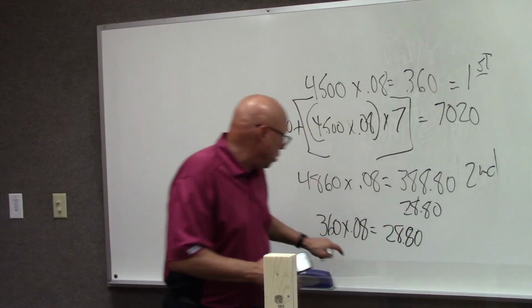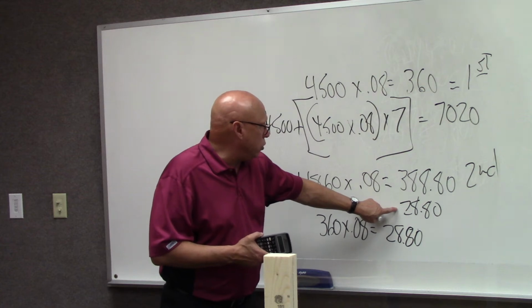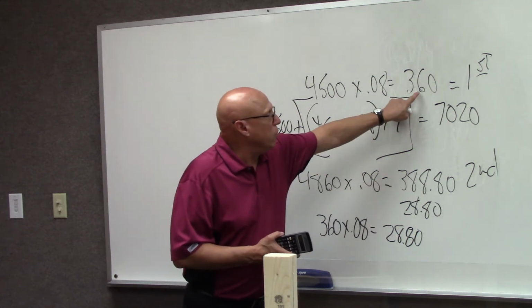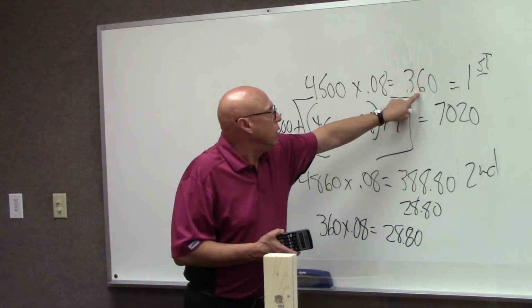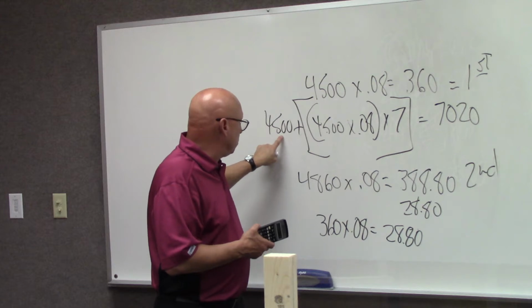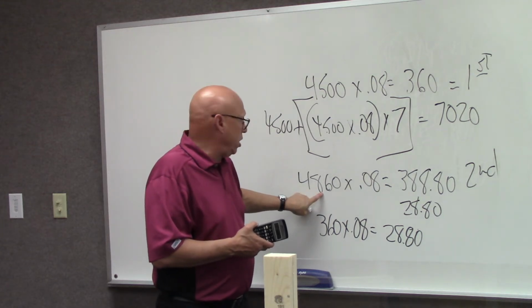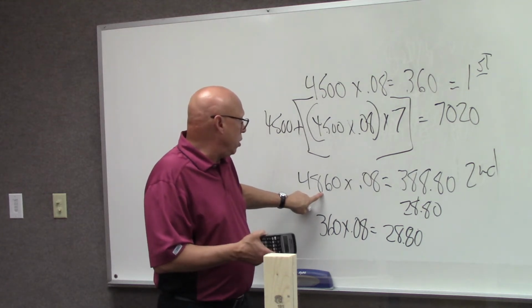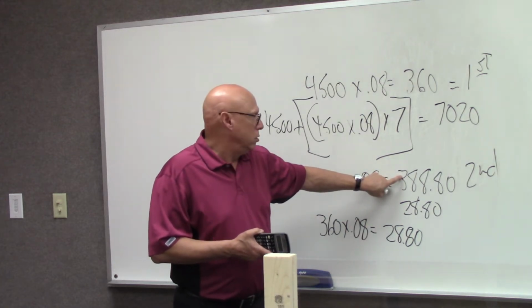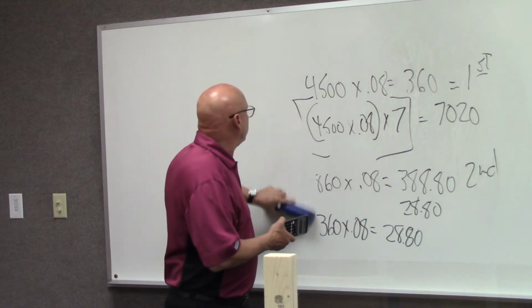So the additional $28.80 that you earn in interest in the second year is the 8% you earn on the interest that you earned in the first year. Because the interest in compounding is added to your principal, and your new principal is this. Your principal in the third year is this plus this. Okay? So it keeps growing.